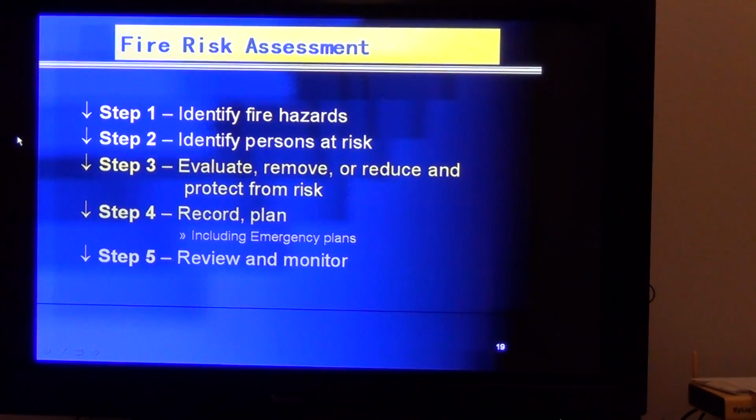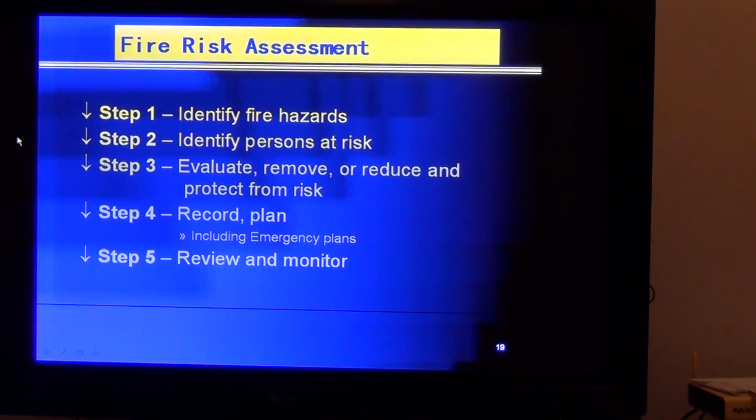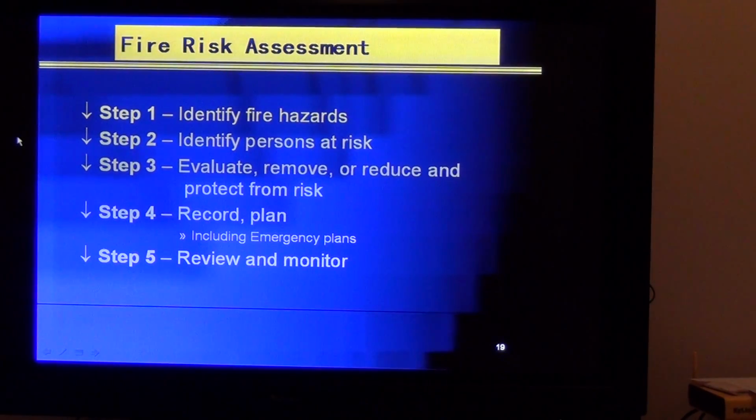Step 1 is to identify the fire hazard. We have talked about it in the previous slide. Step 2 is identify the persons at risk. It means in case any fire happens, who will be at risk of the fire.